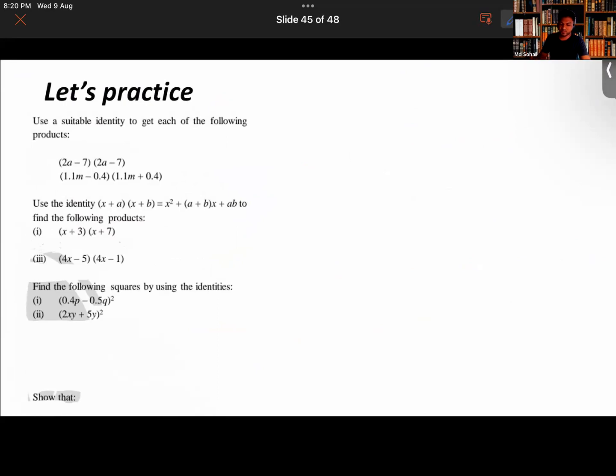See the first one. Which identity are we supposed to use in the first one? Arhan, you tell me. A minus b into a minus b, the second one. It is in the form of a minus b into a minus b, which is basically a minus b whole square.